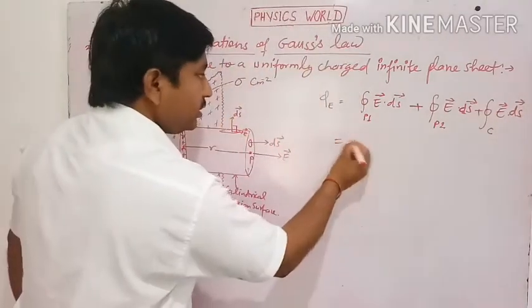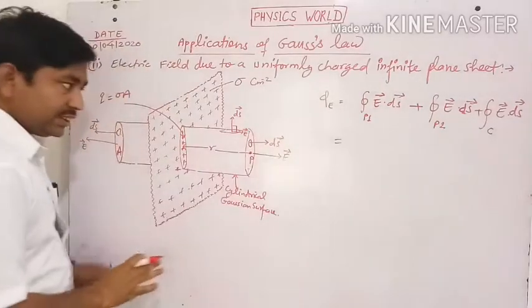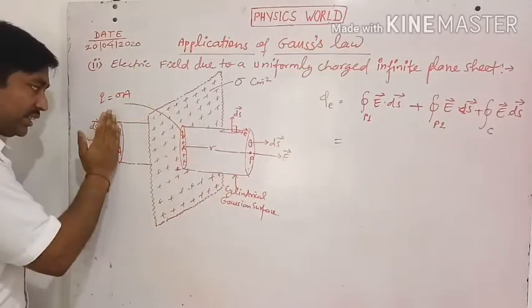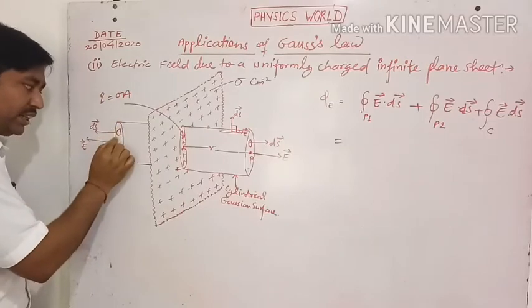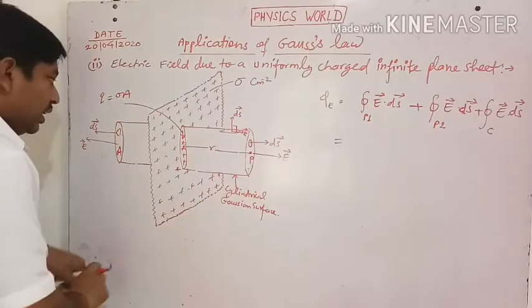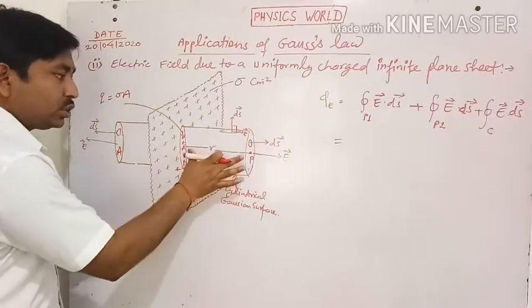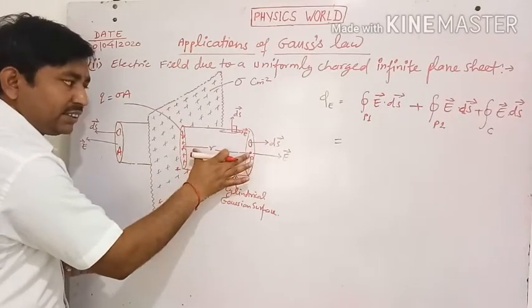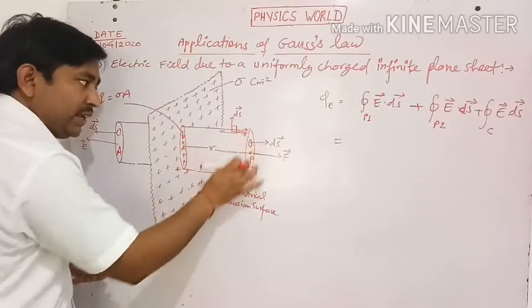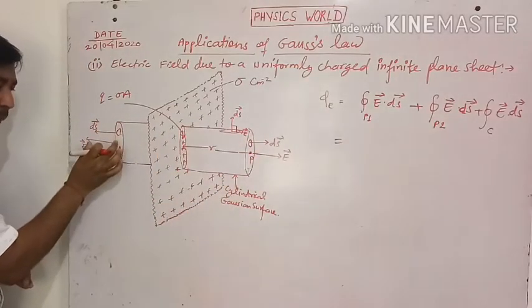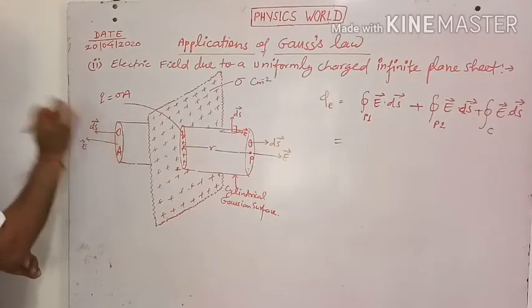Since both plane areas are equidistant from the sheet, the value of the electric field at each point on this plane surface is equal to the value of the electric field at each point on the other.